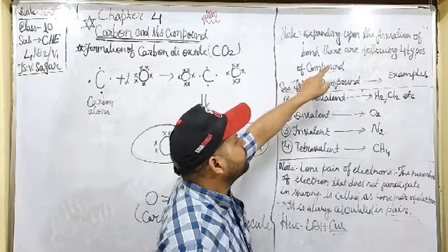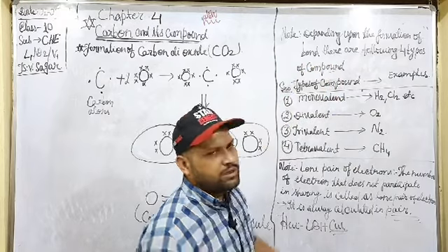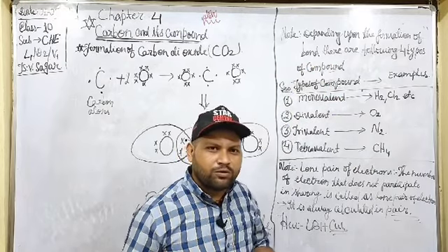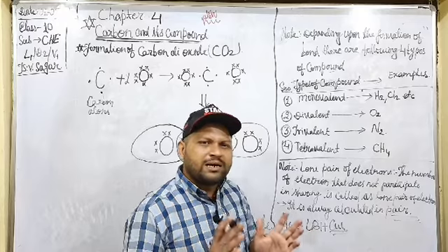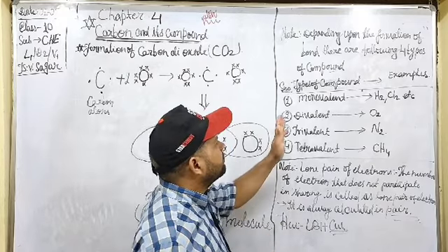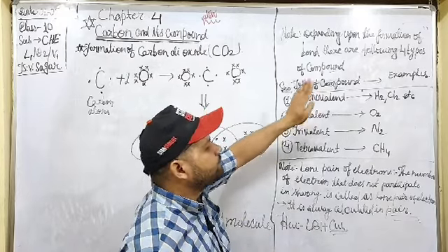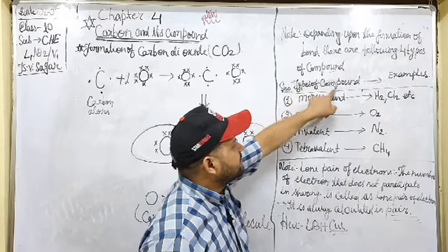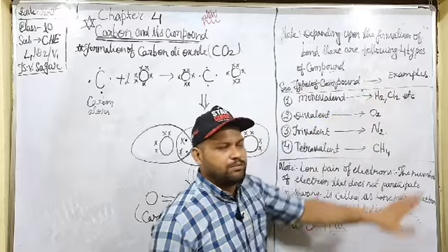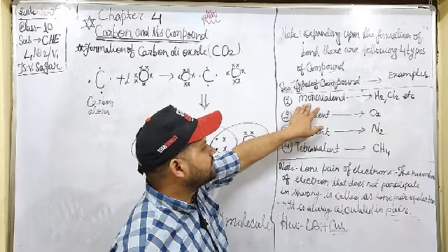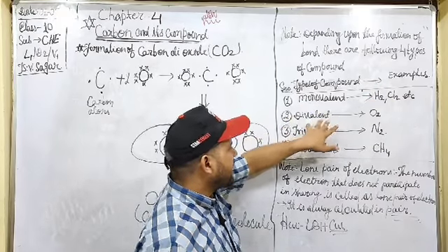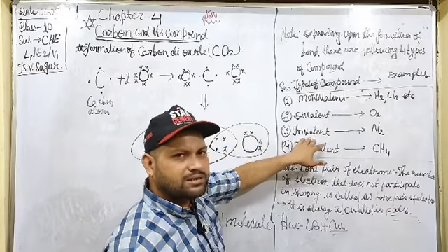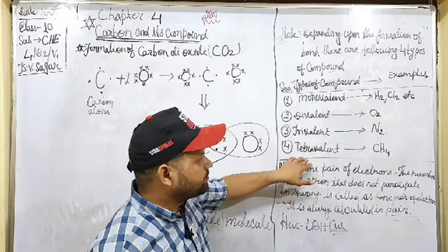Now, depending upon the formation of bonds, there are the following 4 types of compounds. Here I have written the types of compounds and examples: monovalent compound, divalent compound, trivalent compound, and tetravalent compound.